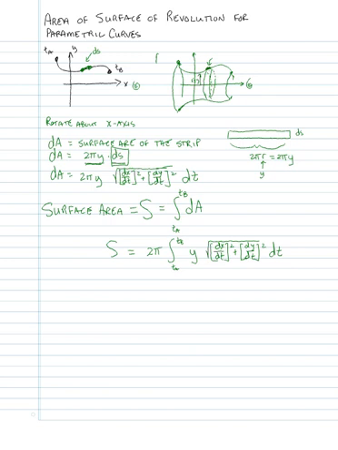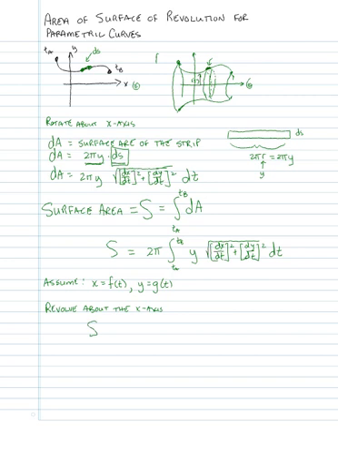Now, because we have parametric equations, if we assume we can write x as a function of t, f of t, and y as a function of t, g of t, then we could rewrite this a little differently, couldn't we? If we revolve around the x-axis, then what we get is the surface area.